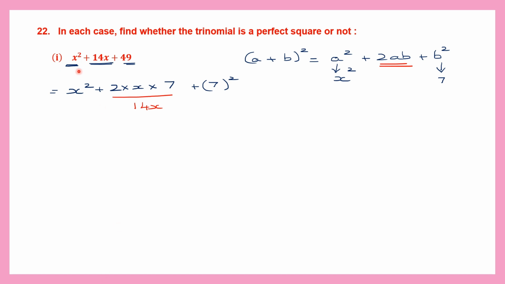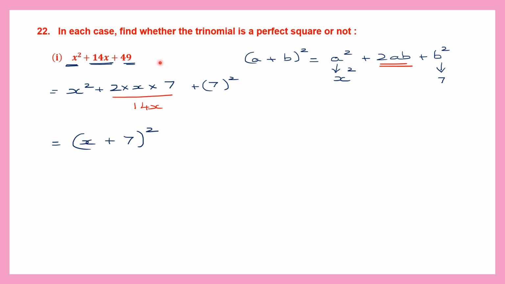That means this trinomial is a perfect square. That means we can put it in this format, in the format of a plus b the whole square. What is a? A is x, and what is b? B is 7. So x plus 7 the whole square. That is, if we have to open this, we will get back this answer.